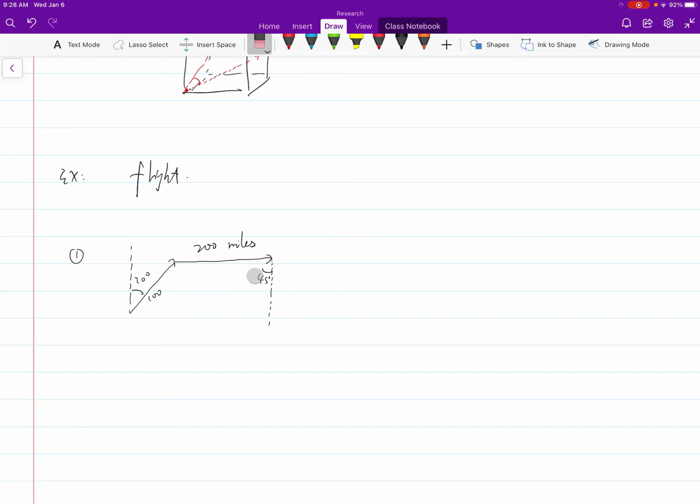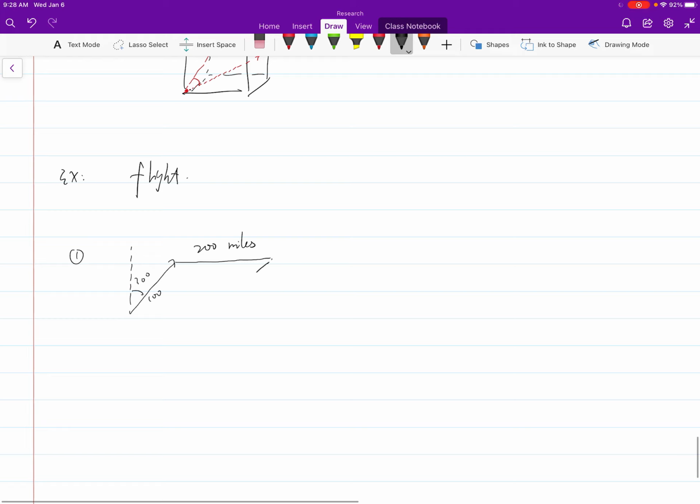I better be careful. They're not parallel, so just to let you see, try to draw a more extreme one. Let's do another 75 miles. No, I don't want that. Probably 100 miles. And then finally, I fly in the direction of 60 degrees for another 150 miles.